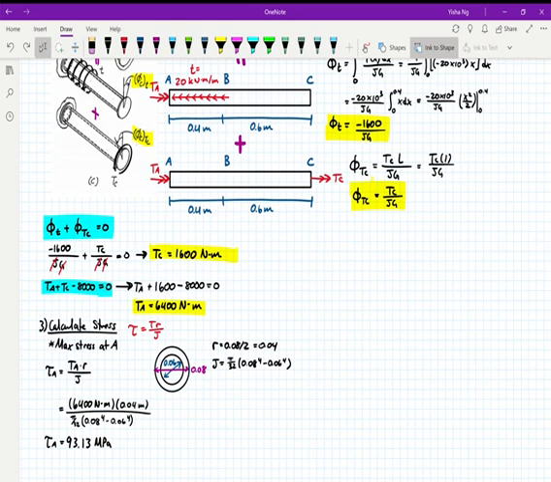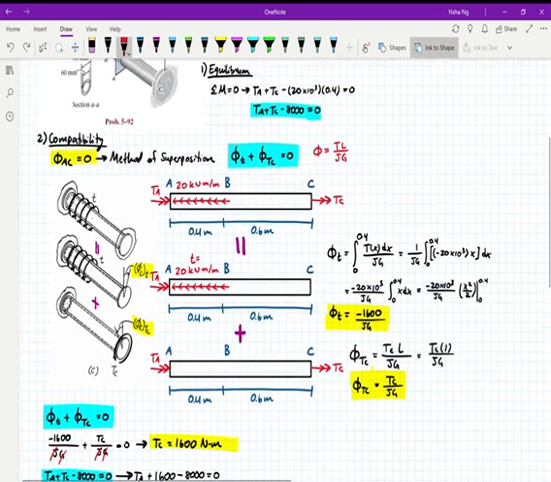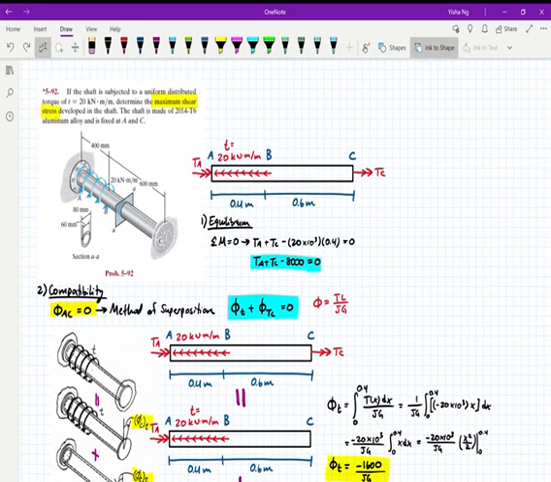We're going to do the same thing that we did in the last problem, where we use tau is equal to TR over J. And I have written here that the maximum stress is at A. Let me explain why I'm not calculating the stress at all the different points. Because now I know my values of TA and TC.